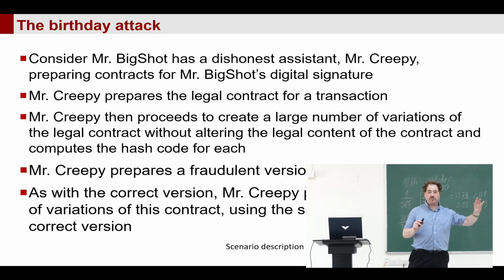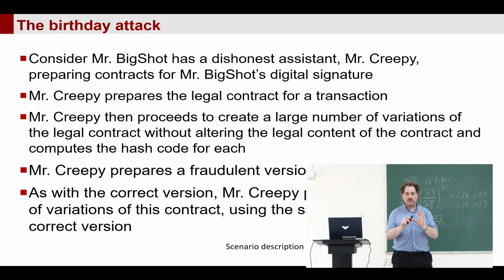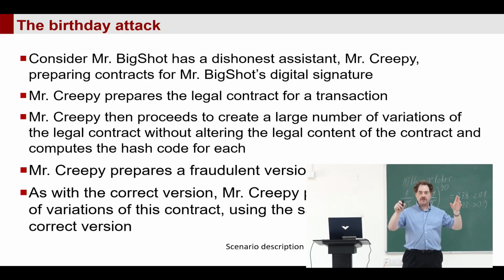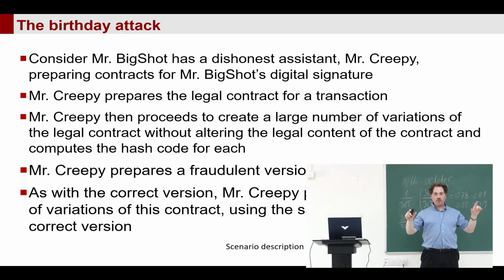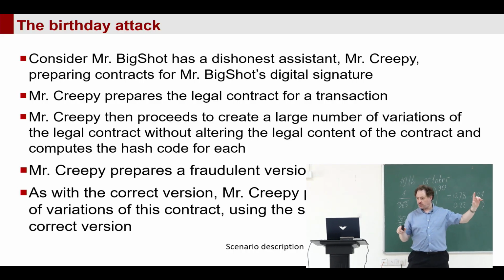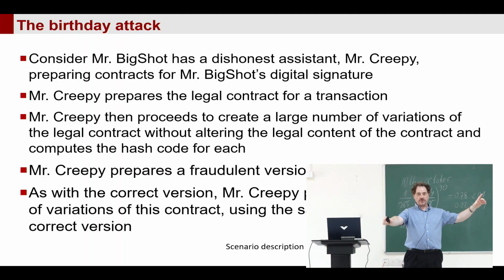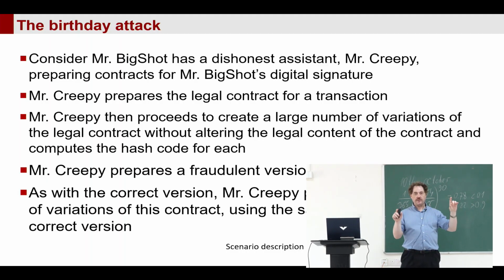The first one would be signed by Mr. Big Shot. The second one would not. But with a big probability, there would be a pair of contracts, one good contract and one fraudulent contract, such that the hash value, the digital signature, would be the same, like in the birthday paradox.